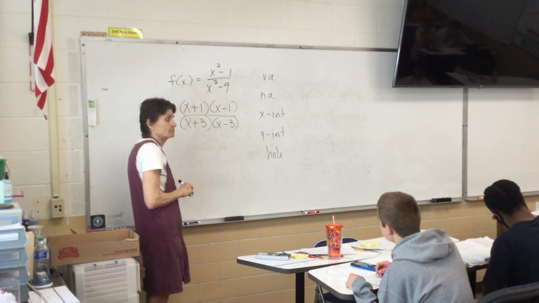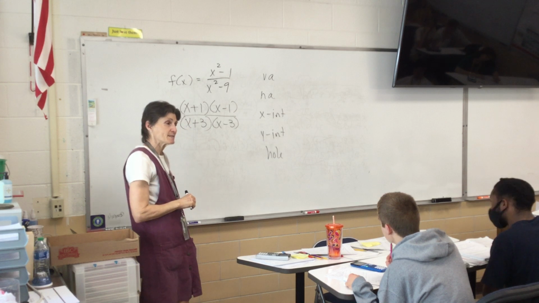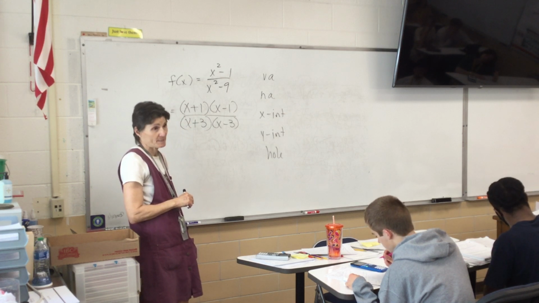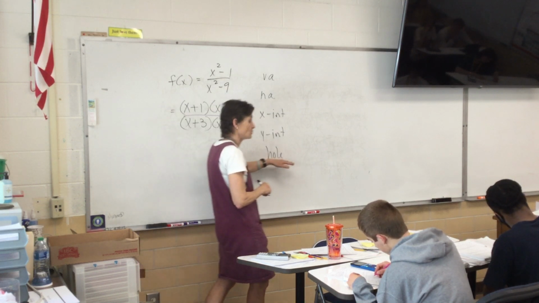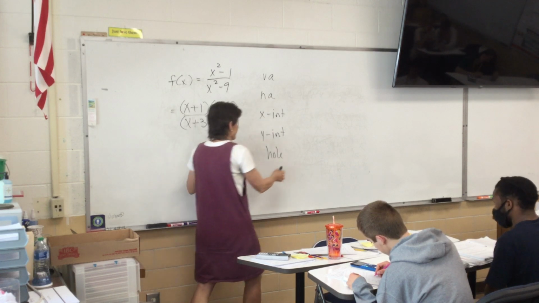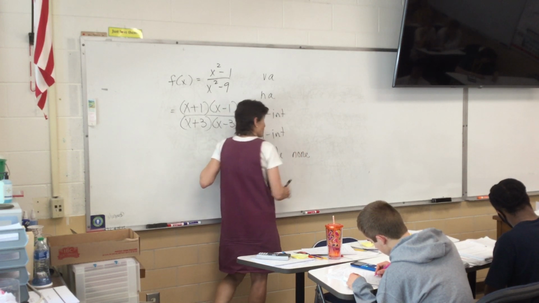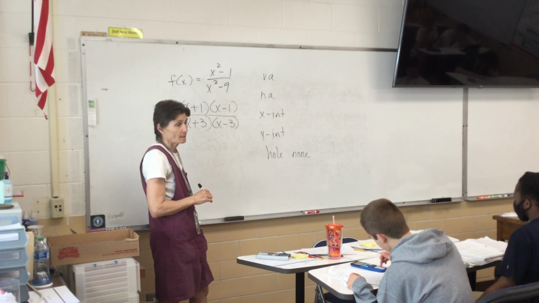Factor the problem. The reason that you factor the problem is that sometimes you can cancel, and if you can cancel, you will have a hole. Now, since nothing cancels, we don't have a hole. So if the question had been, where is the hole, you would say there isn't one, right?